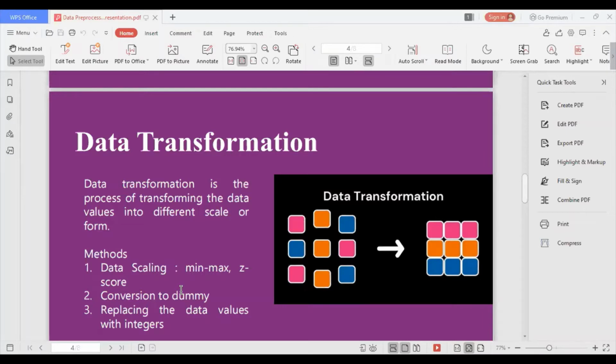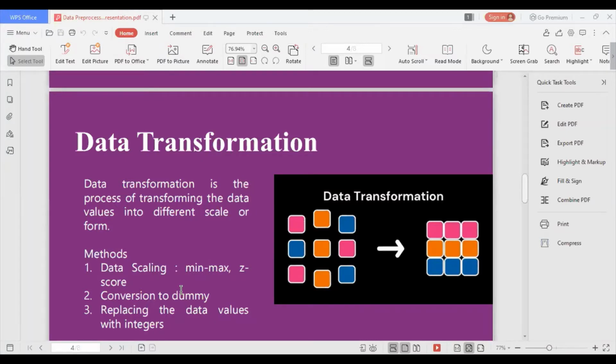Maybe it's a categorical data set, like race. You have a particular attribute in your data set, which is race, and the race can either be Africa, Asia, or maybe white. Then you can replace these data values with numbers. Anywhere there is white, you can replace it with 1.